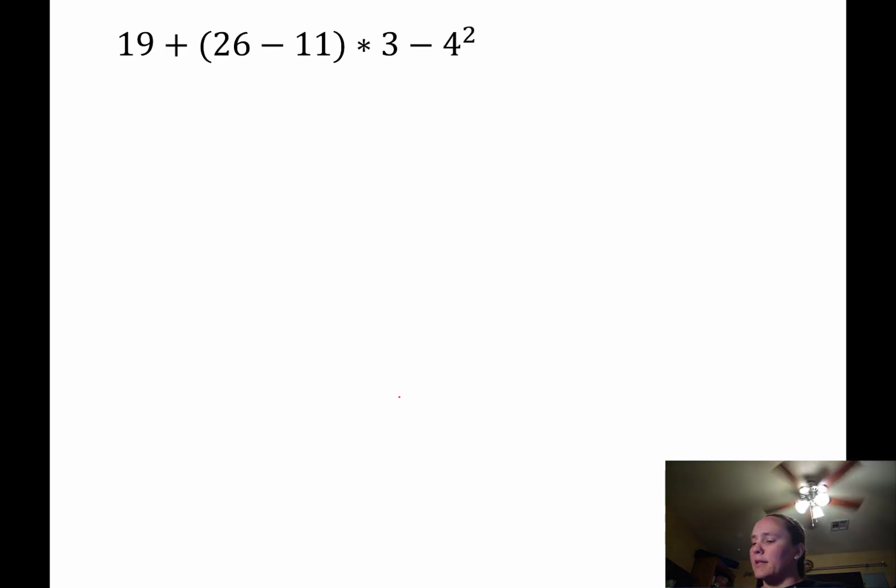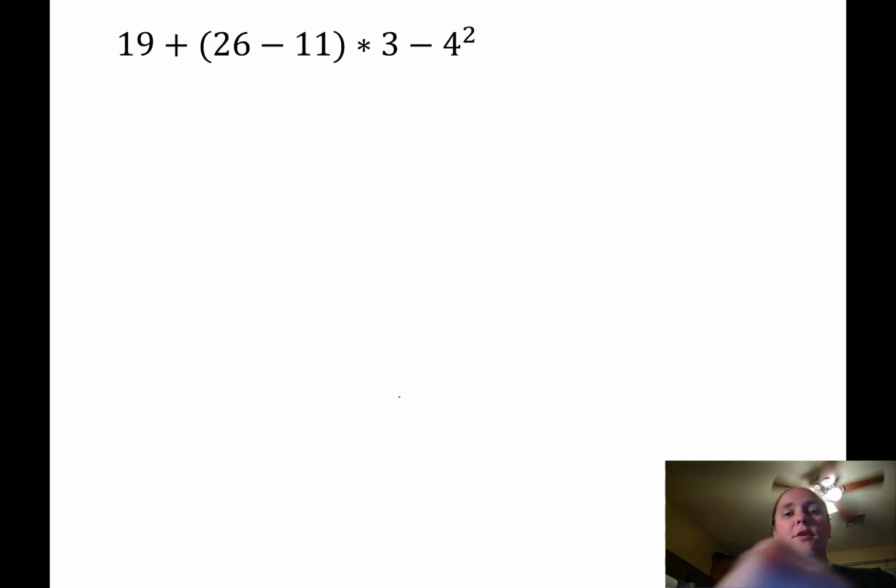All right, one final example. So I've got 19 plus 26 minus 11 times 3 minus 4 squared. So we're still going to do grouping symbols first. So 26 minus 11, which gives us 15.